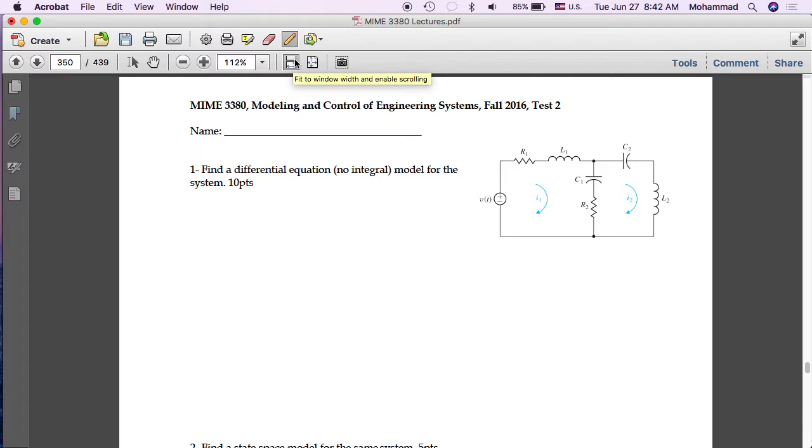And in the exam, you will not have your notes, but here you have your notes. This is not a practice exam, so please take advantage of your notes.